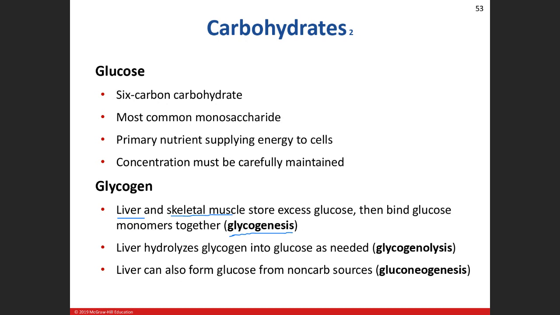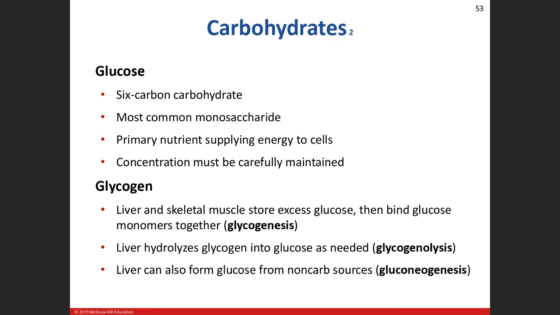To do that, we start breaking down the glycogen. The chemical process we utilize is hydrolysis. The liver hydrolyzes the glycogen, breaking it down into individual glucose molecules, and that process is called glycogenolysis. The first part of that word is glycogen, and lysis is to break down. So glycogenolysis is the breaking down of glycogen into glucose molecules.